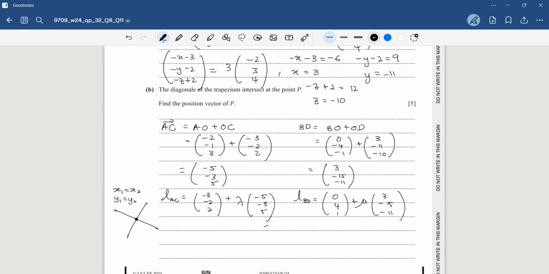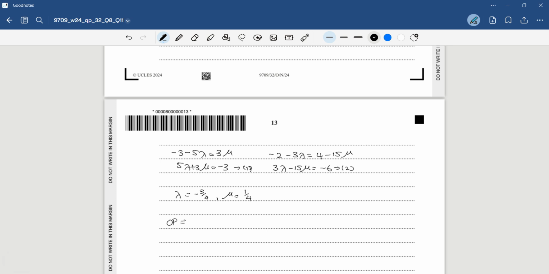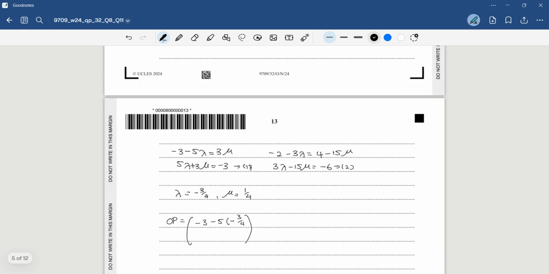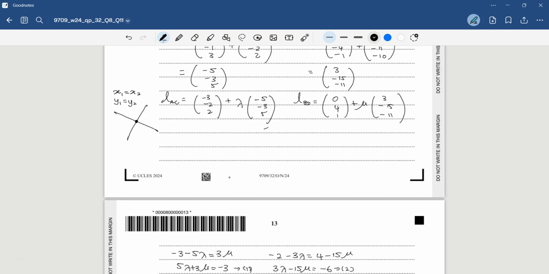The position vector of P is going to be negative 3, negative 3 minus 5, negative 3 over 4, negative 2, negative 3.